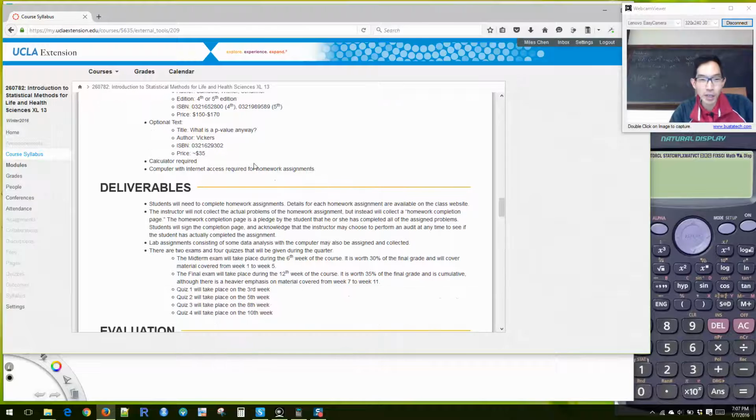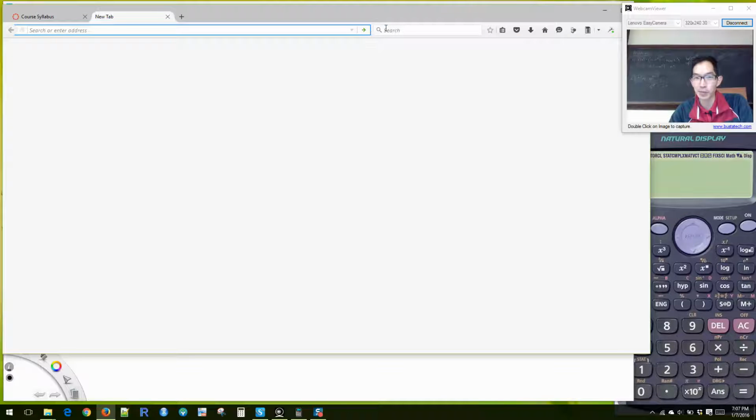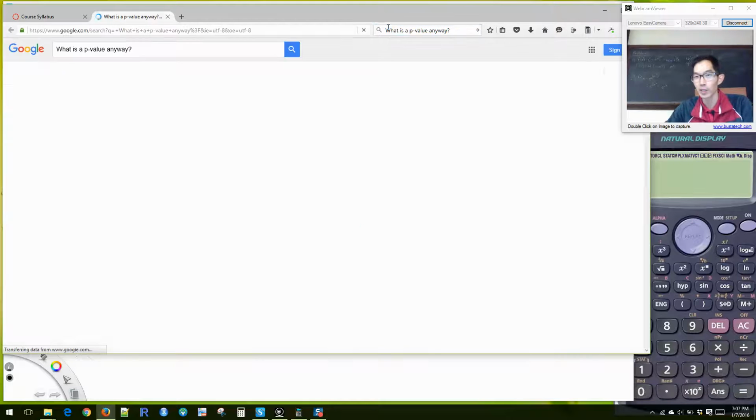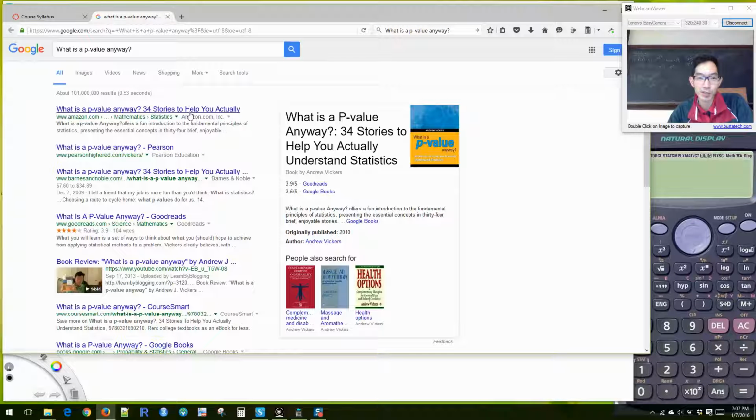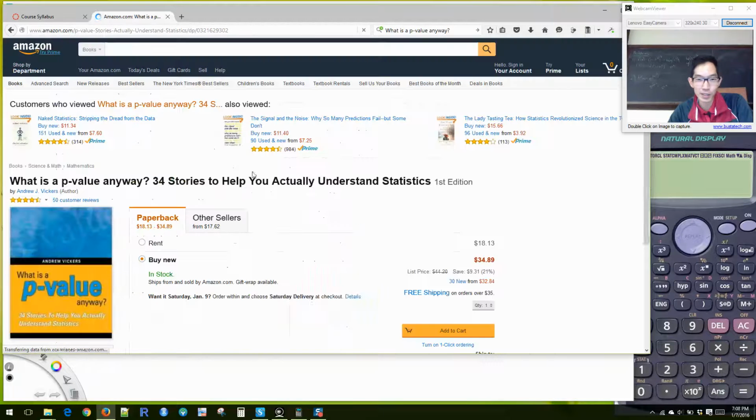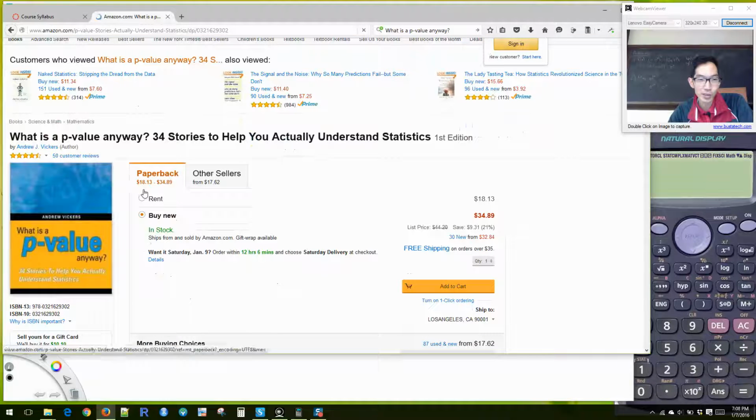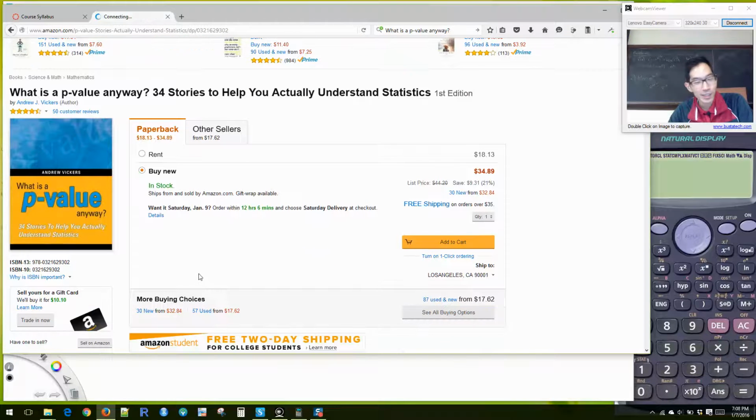There is an optional book that I don't really reference, but I do recommend it, especially if you're pursuing something in like the health sciences, and that's this book called "What is a P-Value Anyway?" It's published by a textbook company, so they charge this ridiculous price, and it's just this thin little paperback thing that should probably only cost $6.